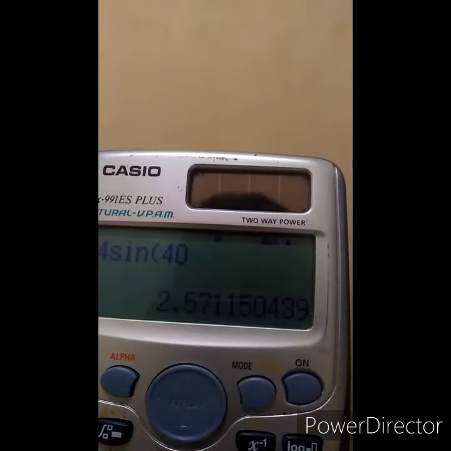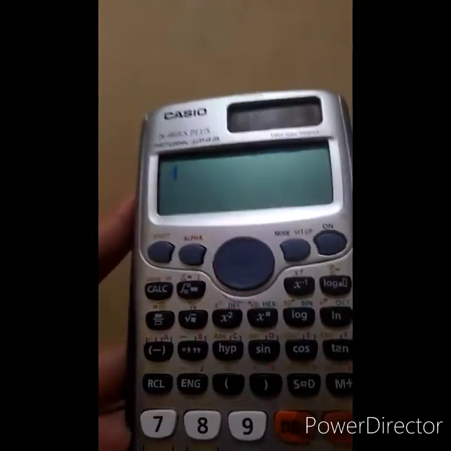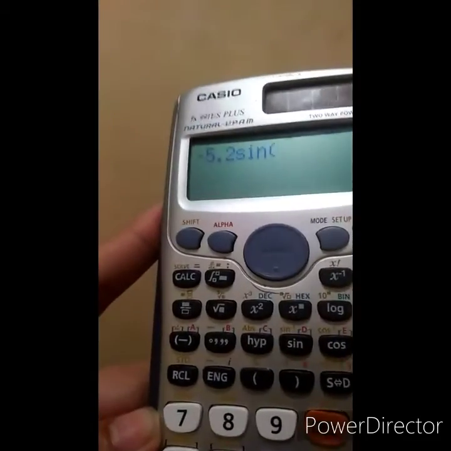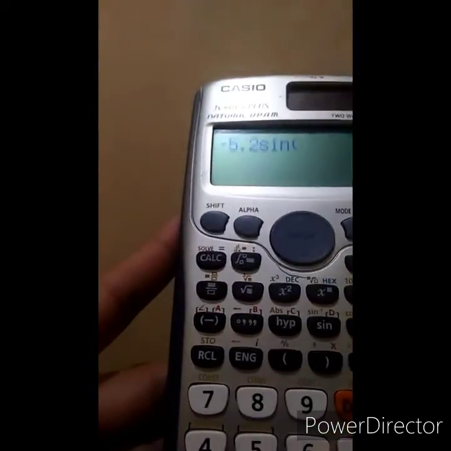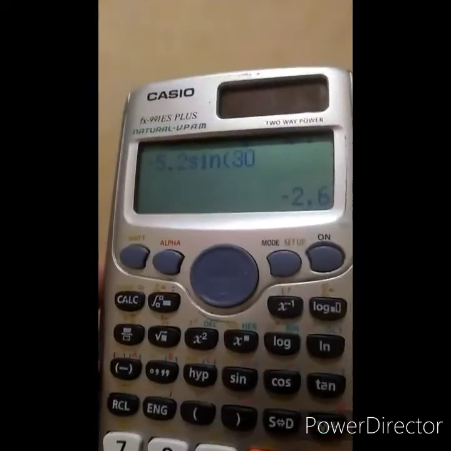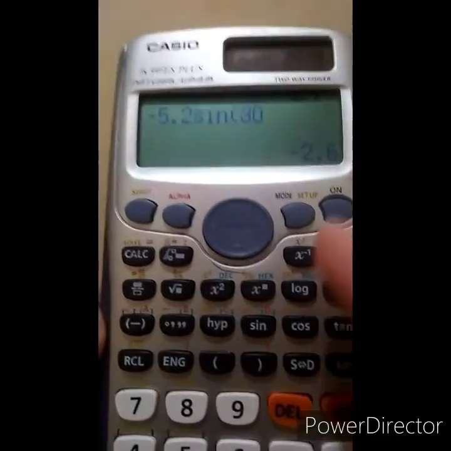Vector C, 5.20, 30 degrees south of west, since it is going to the south, for its vertical component, you will be using negative. Negative, the magnitude is 5.2 sine 30 degrees.